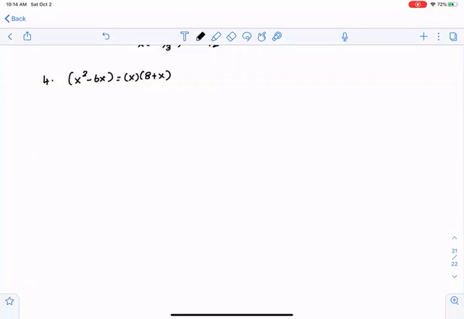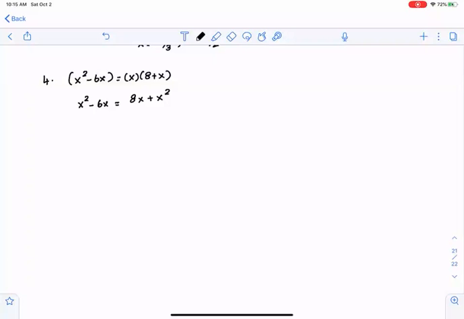This is a problem that is meant to reinforce something that I mentioned earlier. The right-hand side must always be equal to 0. That is not the case here, but we can make it 0. So x squared minus 6x equals, distribute the x, you will have 8x plus x squared.